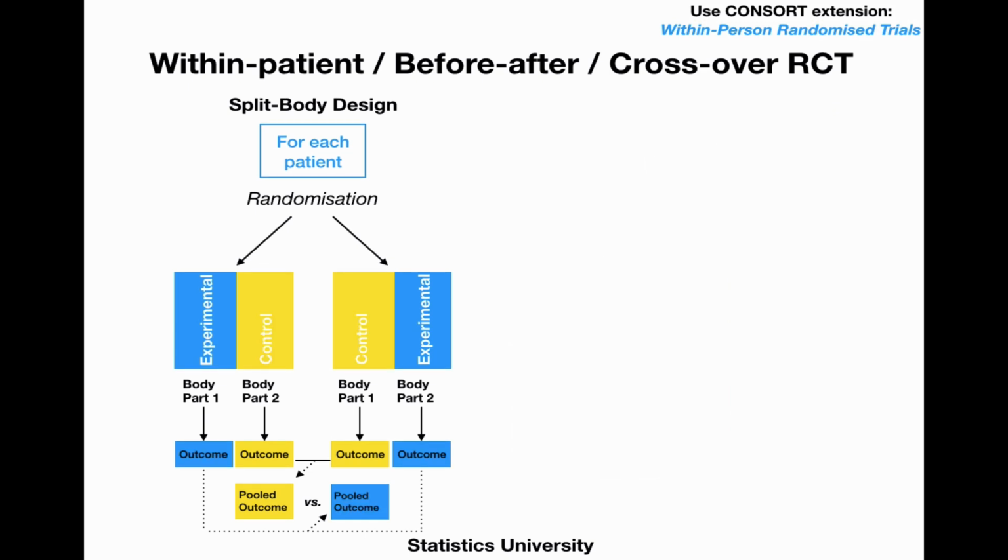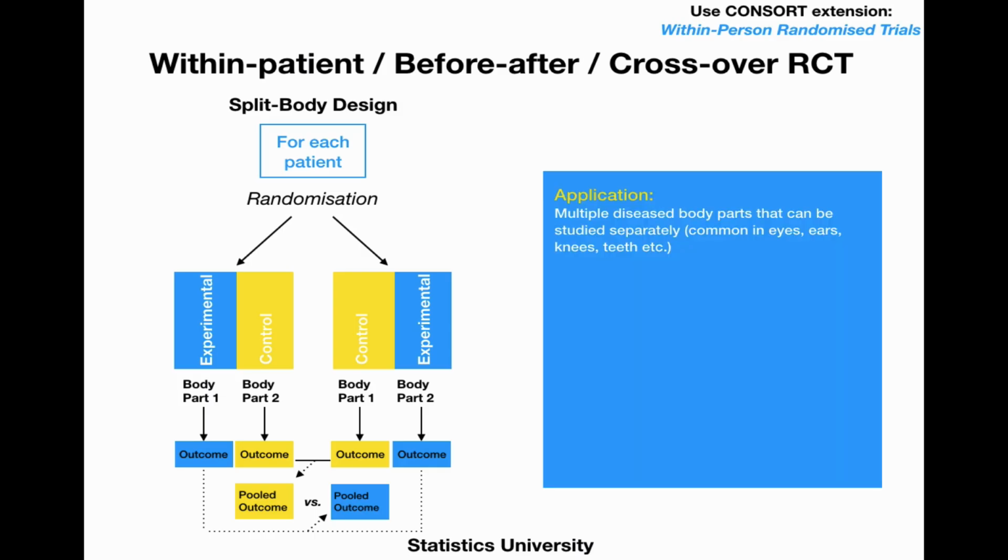Now, let's focus a little bit more on that split body design. This can be applied in multiple diseased body parts that can be studied separately, so it would make sense for example, the eyes or ears or knees and teeth. And the benefit is that it's a really efficient design, and you actually eliminate all the between patient variability that you would get with a standard randomized controlled trial.